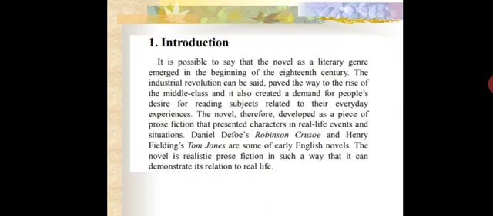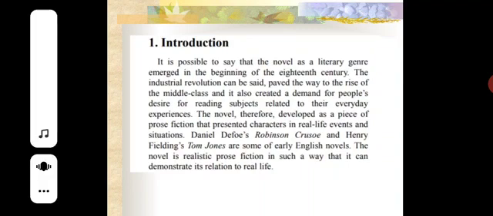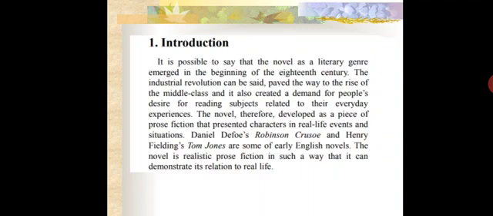See, here I have taken the introduction, a screenshot from one article on the internet. It is possible to say that the novel as a literary genre emerged in the beginning of the 18th century. The Industrial Revolution, it can be said, paved the way to the rise of the middle class, and it also created a demand for people's desire for reading subjects related to their everyday experiences.